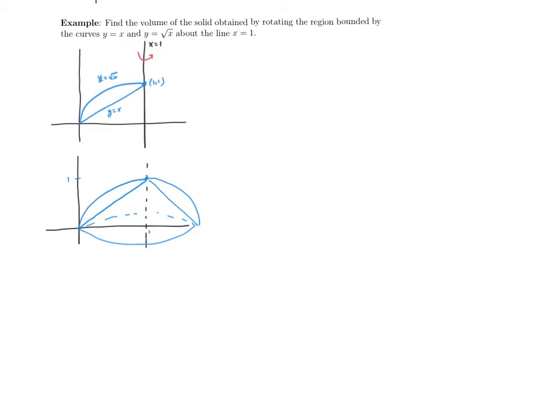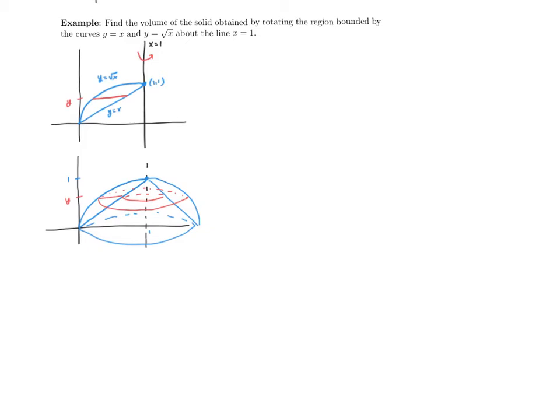That is to say, if we now choose a value of y between 0 and 1 and consider this small horizontal line segment I've drawn, when we rotate that line segment about the line x equals 1, what we will do is form a washer. So when we are using this washer method and rotating about a vertical line, we will have to consider things in terms of functions of y.